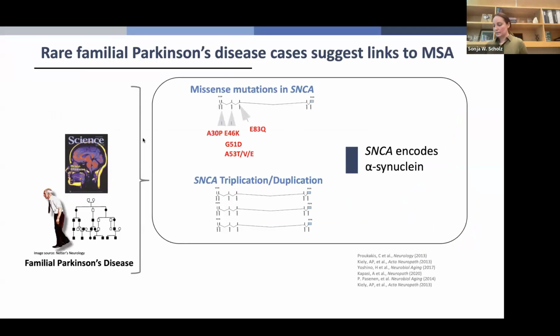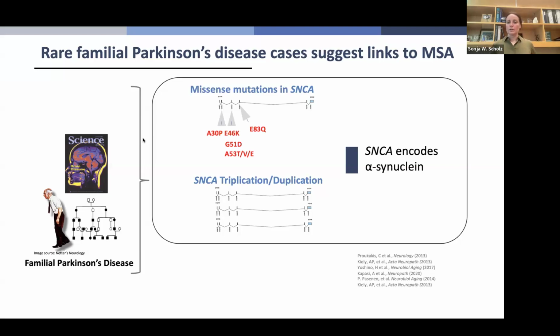And then there are other insights that have come out of related fields. The genetics of Parkinson's disease is actually much further along. It's a much more common disease. And we've learned over the last 2 decades that there are known familial forms of Parkinson's disease. There's one familial form where you have spelling mistakes or mutations in a gene called SNCA.